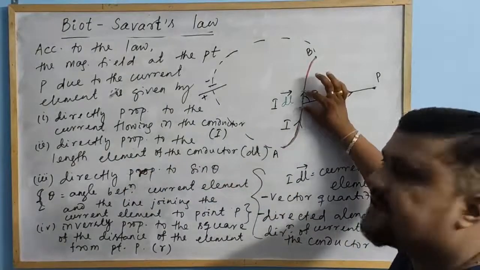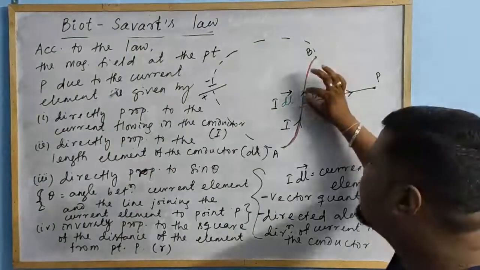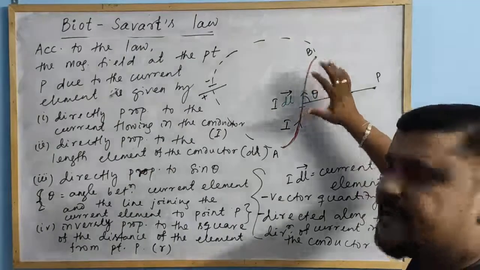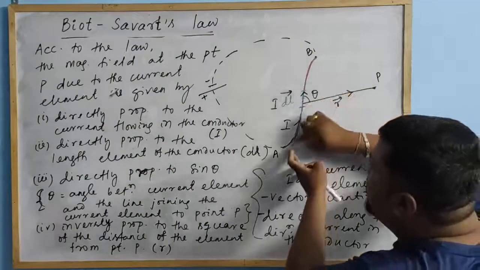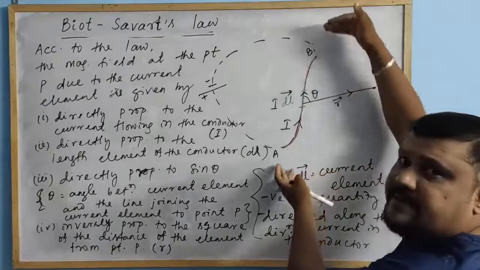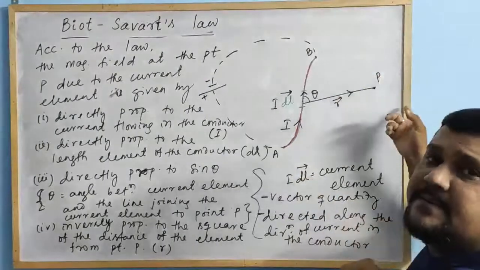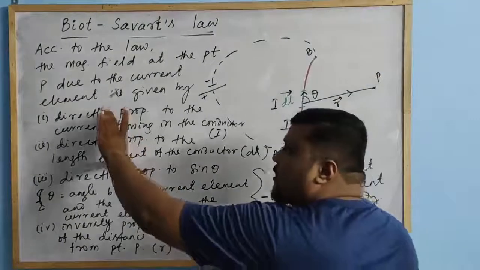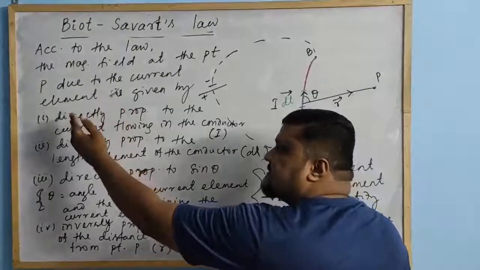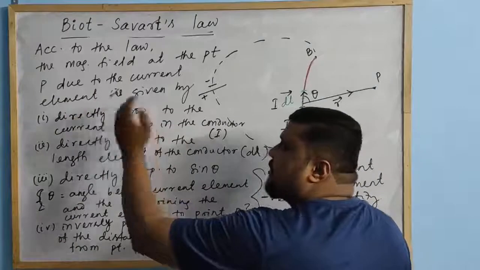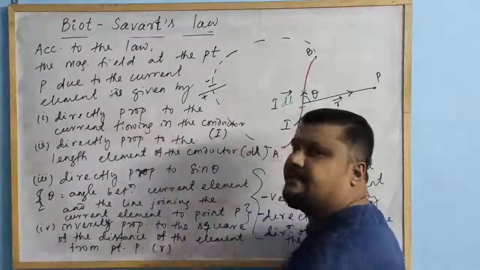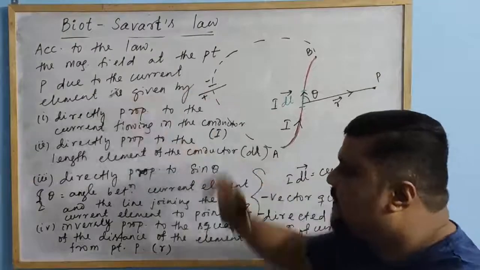If that dl is very large, meaning you consider the whole conductor, dl changes to the total length, then the strength will be more. Or combining 1 and 2, you can write directly proportional to the current element Idl.